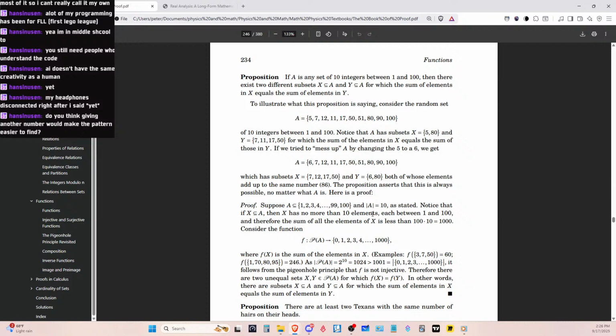Do you think giving another number would make the pattern easier to find? I mean, usually with patterns, more data is valuable. So it depends on you. If you want to go in our Discord server and add more numbers, then that's perfectly fine, because I posted the problem on the assignments from streams.